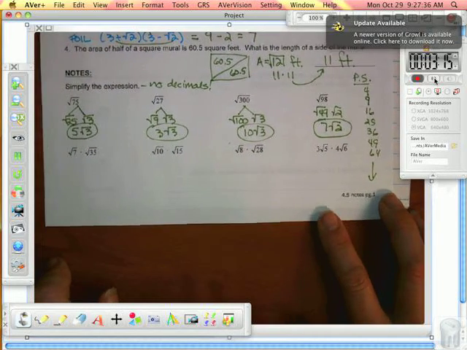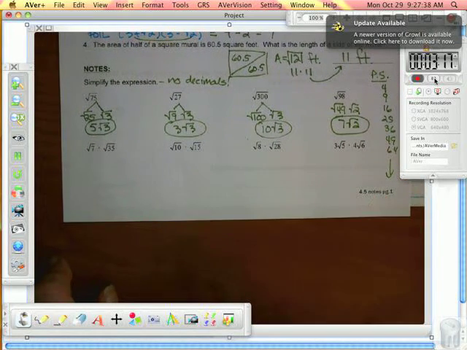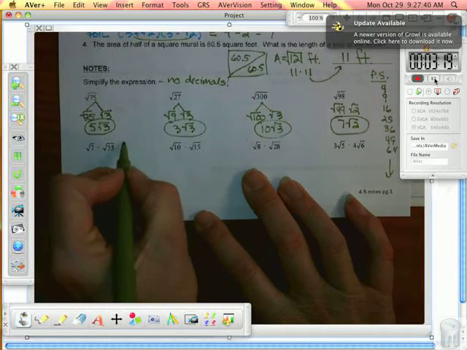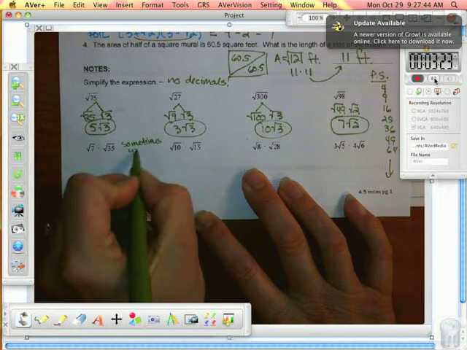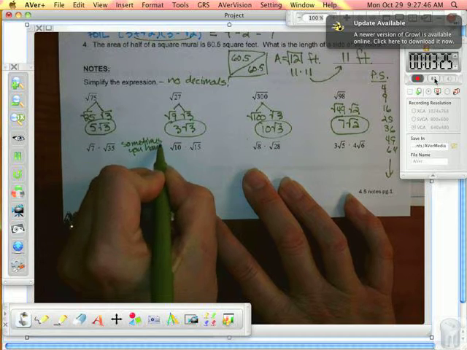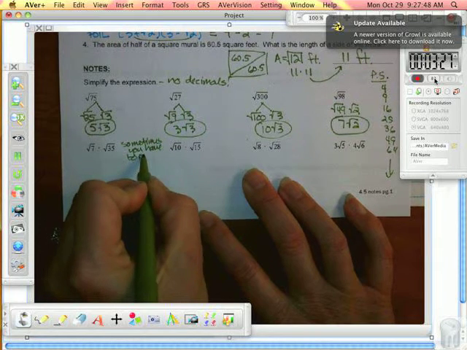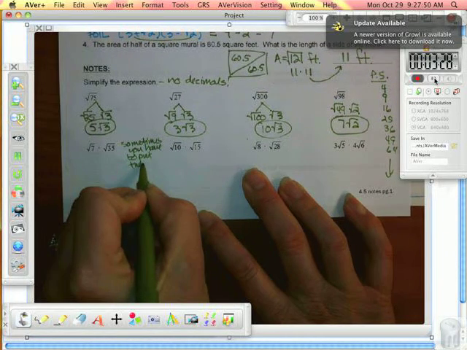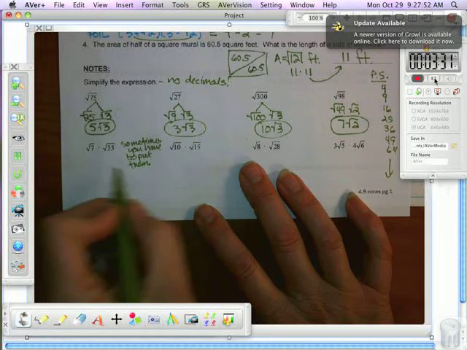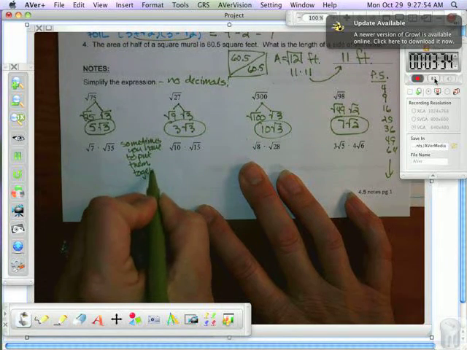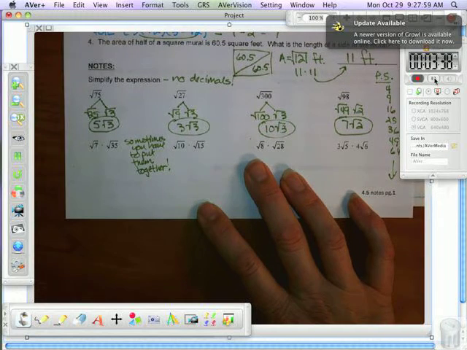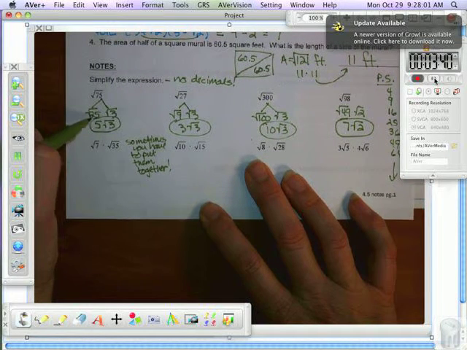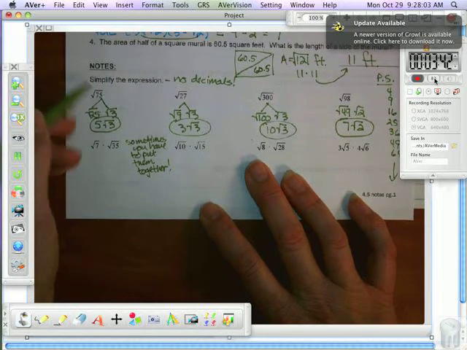sometimes, you don't have to write this if you don't want to, but sometimes you have to put them together to get a perfect square factor. Now what I mean by that is, we took here and split them up. Can't we put them together under 1? If I multiply 7 and 35, I get the square root of 245.